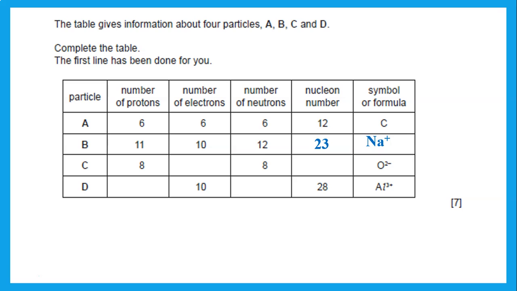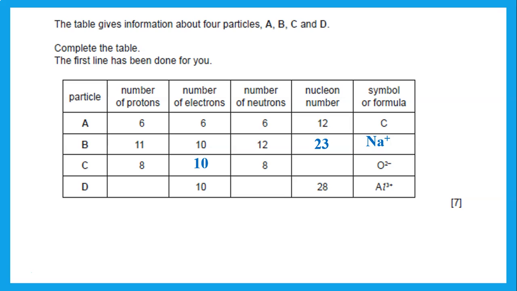Again, let's take a look at particle C. He is saying number of protons is 8. And he wrote at the end of that line, O2 minus. What do we mean by O2 minus? O2 minus means the oxygen has gained 2 electrons. It has 2 extra electrons. So instead of having 8, it has how many electrons?